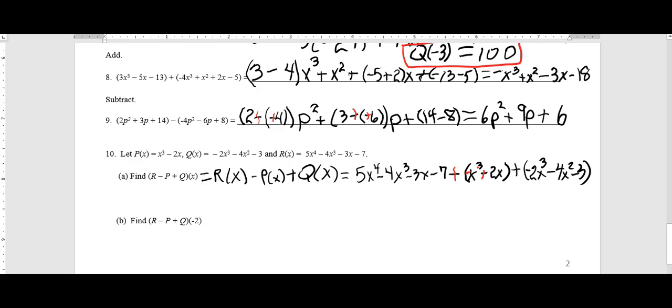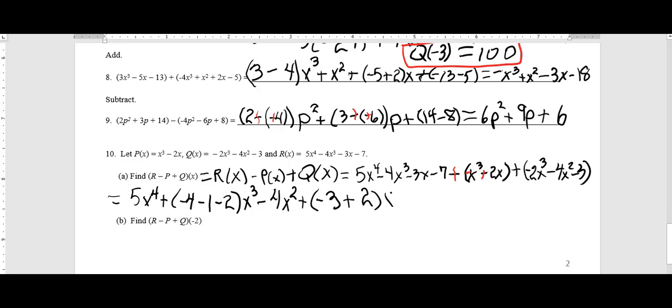And I can change the subtraction to an addition as long as I change the sign of every term that was being subtracted. So when I combine my like terms, I'm going to get 5x to the fourth plus a minus 4 minus 1 minus 2 times x cubed, minus 4x squared, plus -3 plus 2 times x, plus -7 minus 3.